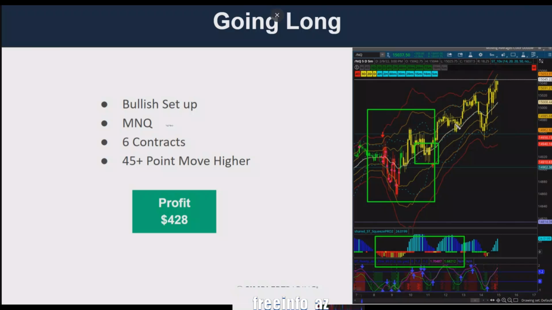We were holding a 5-minute reversion to the mean pretty well up to this point right here, and that's when it stopped. But I caught the majority of this move. I just nailed 45 points from here to here on the reverse, and it worked out solid. It was a solid trade. I stayed in it for a little bit longer, just to see if I could, and it continued to rally. It turns out I got out of this position too fast.